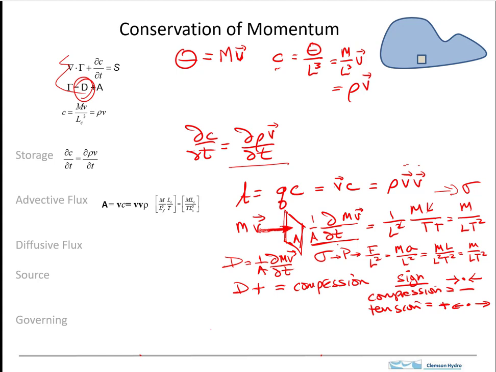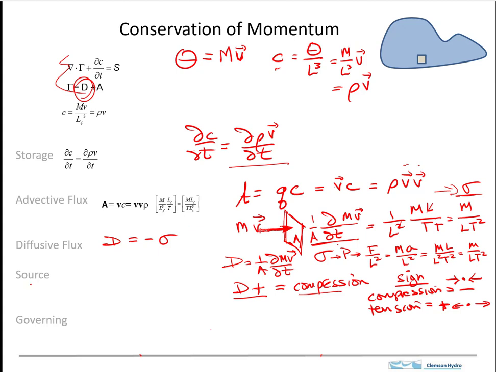So what that means is that a positive diffusive flux is equal to a negative stress. Compression is negative. Stress is a tensor, and we'll look at that in more detail, but for right now, I'm just going to use this sigma to indicate the stress tensor. And so we can say then that the diffusive flux of momentum is going to be equivalent to a negative stress.